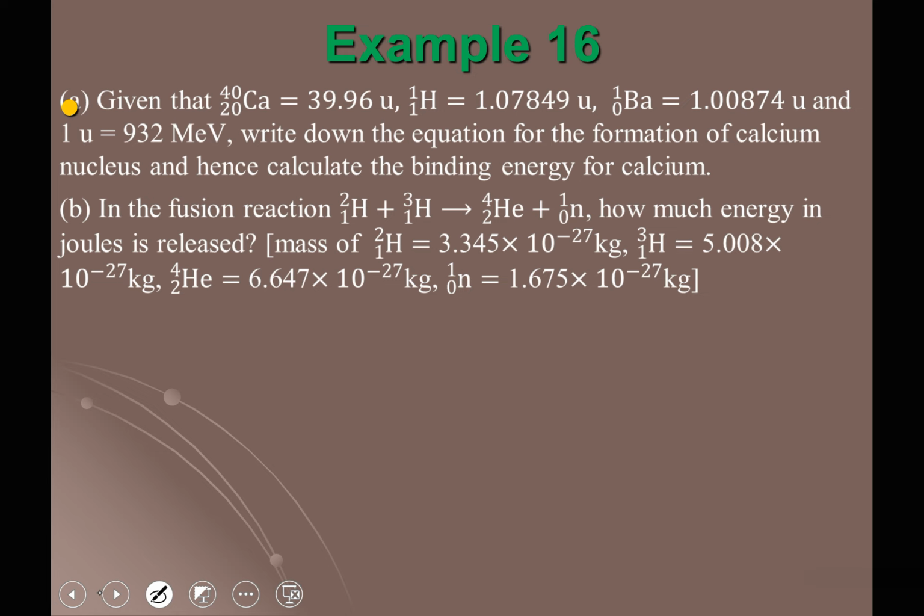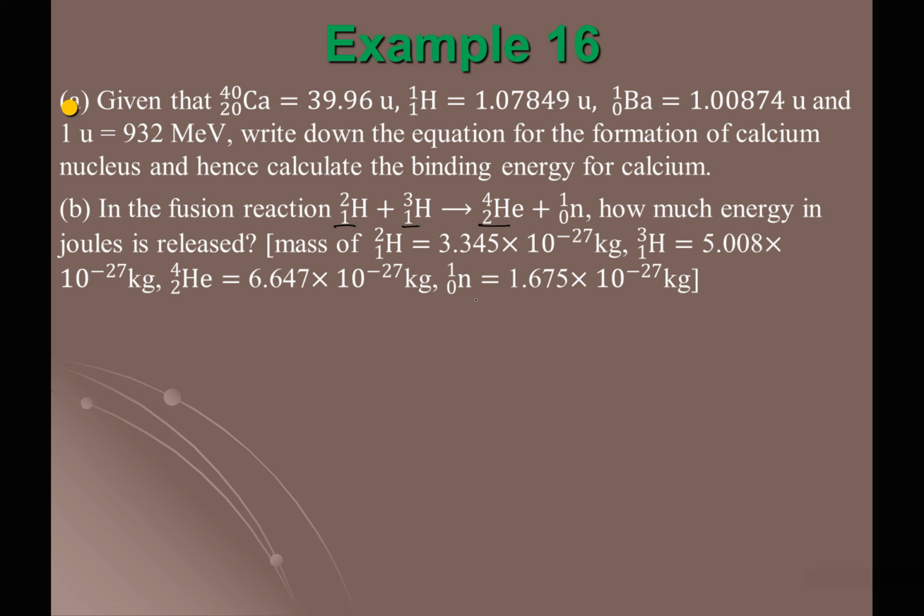Write down the equation for the formation of calcium nucleus and hence calculate the binding energy for calcium. Then part B, in the fusion reaction of deuterium and tritium to give us helium-4, how much energy in joules is released? They've given us the masses here.